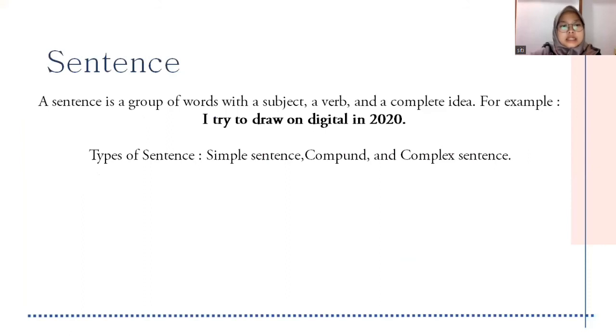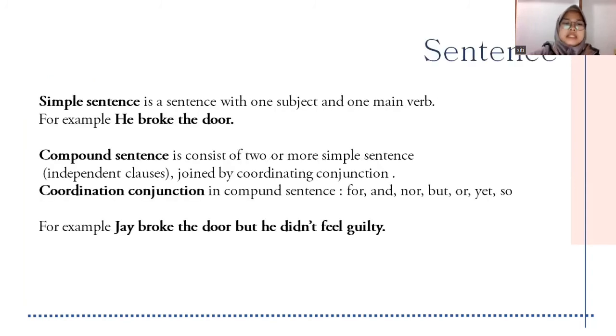A sentence is a group of words with a subject, a verb, and a complete idea. For example, I tried to draw digitally in 2020. A sentence has three types, such as simple sentence, compound sentence, and complex sentence. The simple sentence is a sentence with one subject and one main verb.